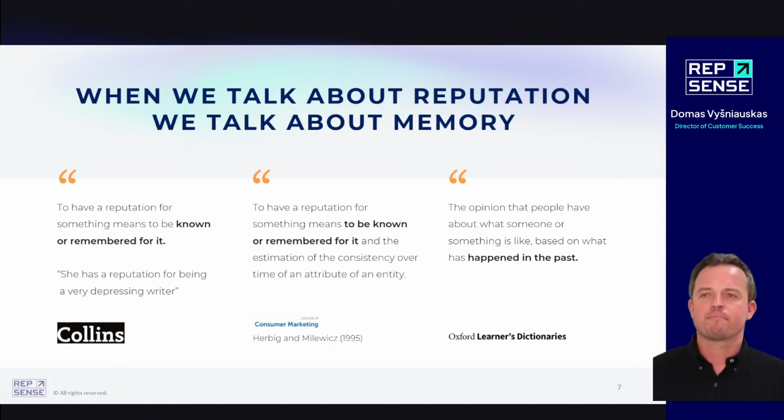But reputations matter because they can impact how we are perceived by others, on our successes and our failures. A positive reputation can lead to greater opportunities and more positive relationships, while a negative reputation can limit our opportunities or even damage those relationships that we already have.